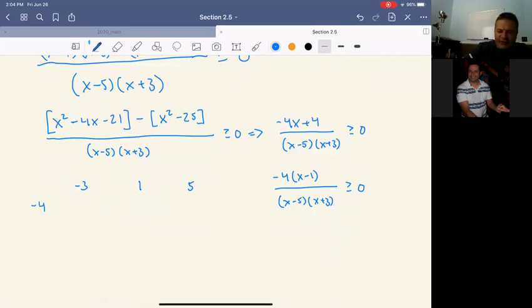I'm going to put the negative 4 as its own little thing. x minus 1, x minus 5, x plus 3. x minus 1 gives you a 0 at 1. x minus 5 is an asymptote at 5. x plus 3 is an asymptote at negative 3.